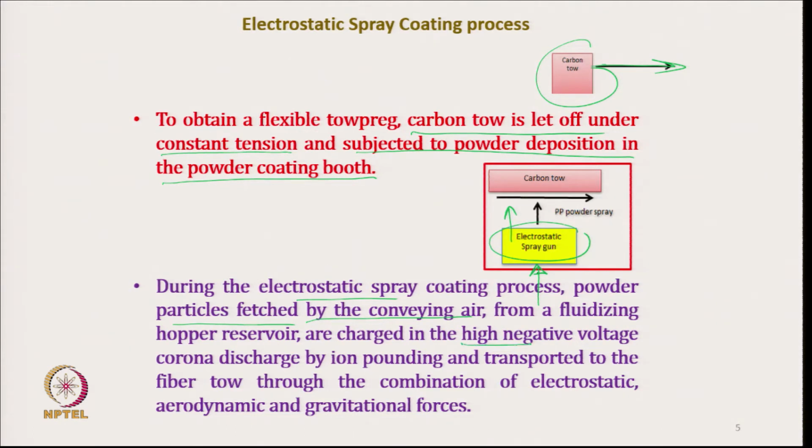So, a highly negative charge corona discharge is there, which charges the polypropylene powder and it is attracted by the carbon tow which is neutral, which is earthed. So, the powder is deposited on the carbon tow.